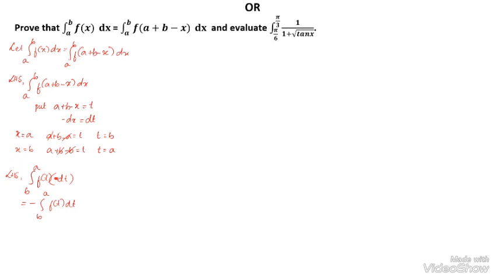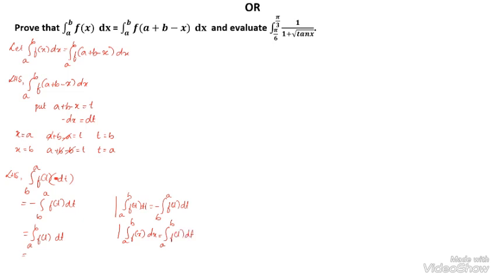We know the property: the integral from a to b of f of t dt can be written as negative of the integral from b to a of f of t dt, as the limits change. By using this property, the limits change to a to b of f of t dt. Again I use another property: the integral from a to b of f of x dx can be written as the integral from a to b of f of t dt.